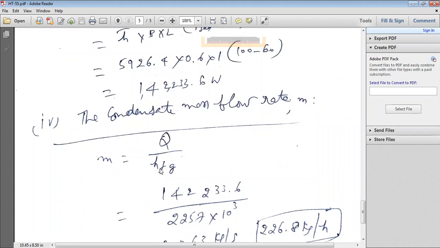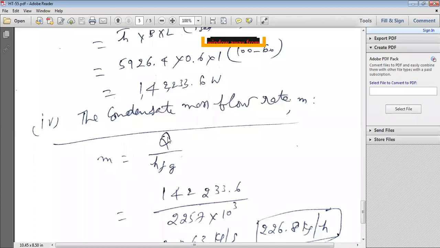But for 1 kg of vapor to be condensed, how much heat is required? 2,257 kilojoules, that is h_fg. For condensation of mass M, you have to multiply with h_fg.